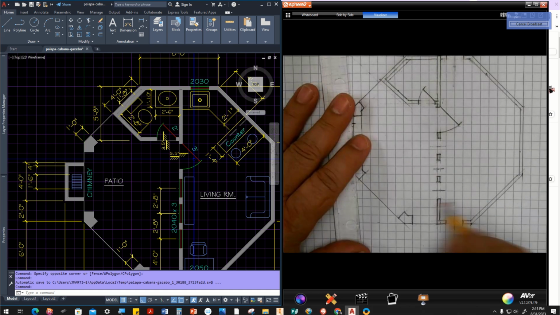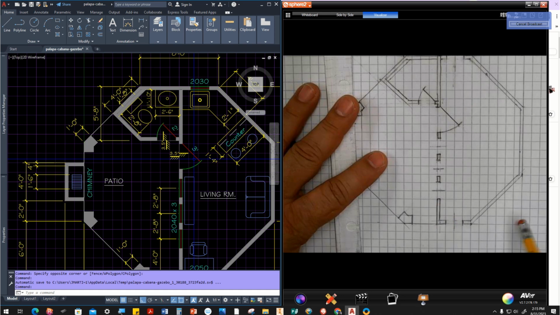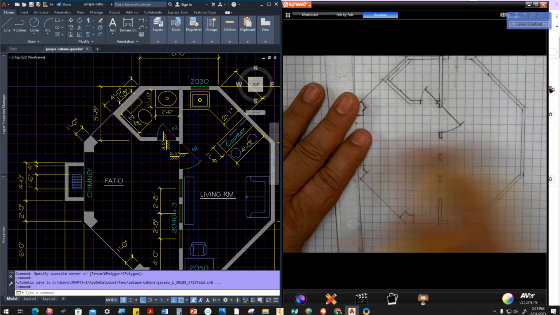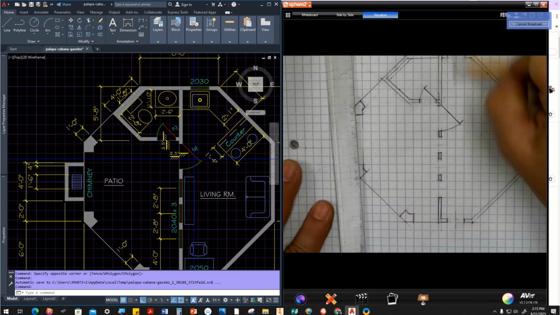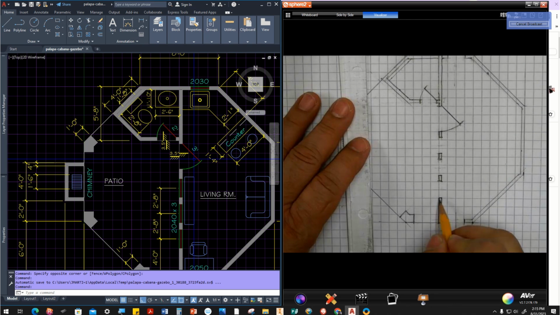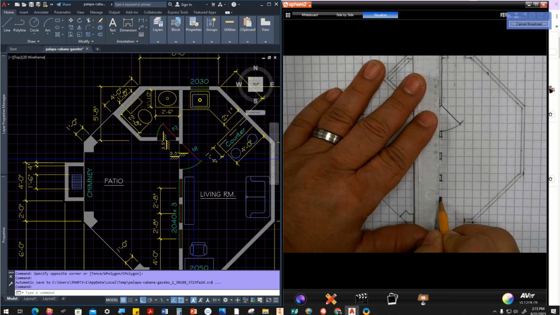Now, the symbols for windows are easy. So easy, it's cheesy. But let me clean up a little bit in between at the window openings. I'm going to place a heavy line in the middle from midpoint to midpoint.